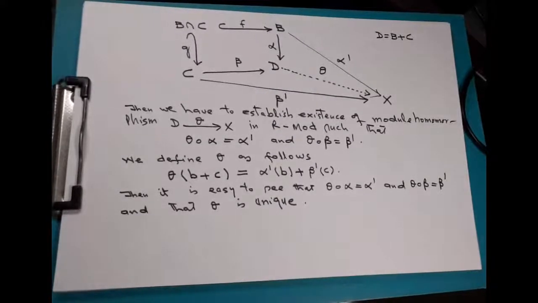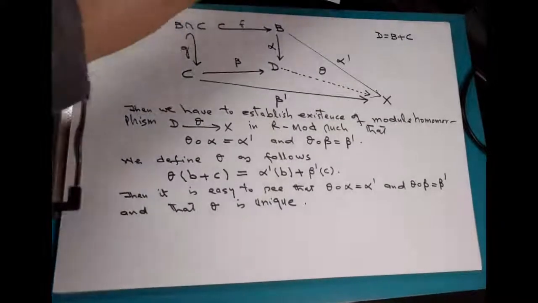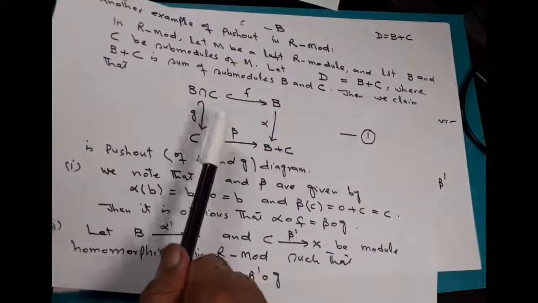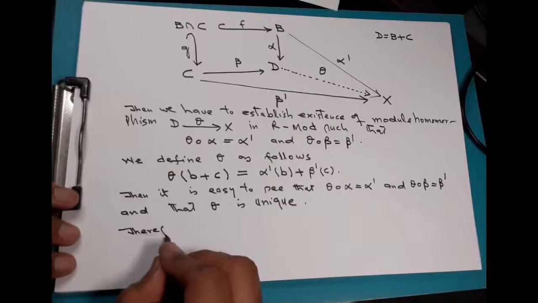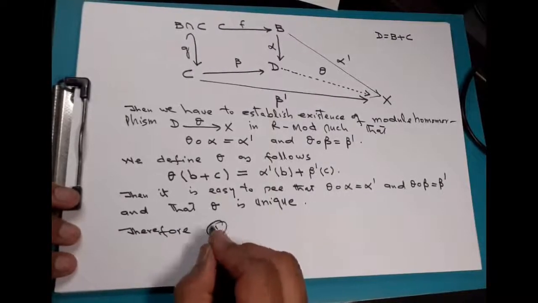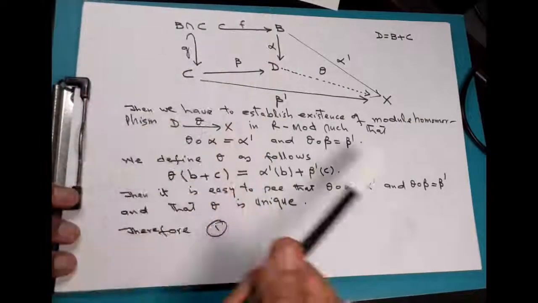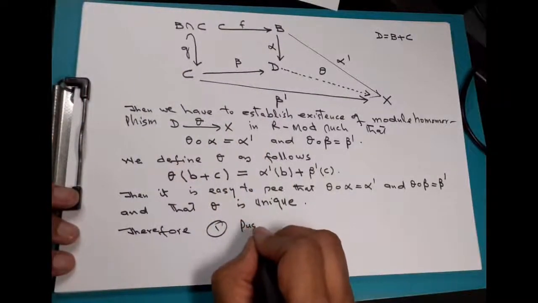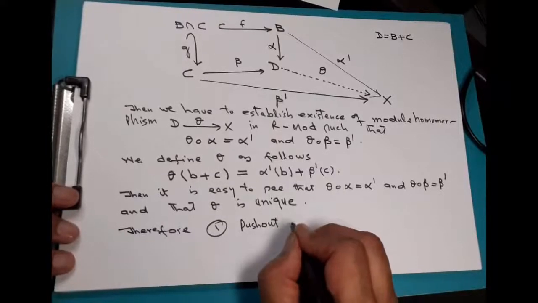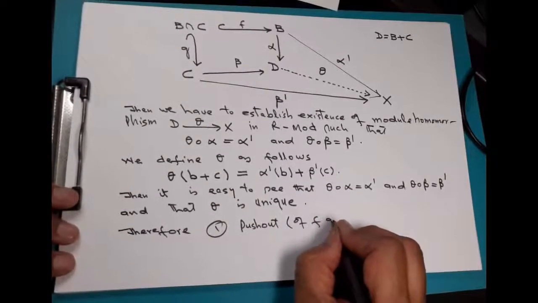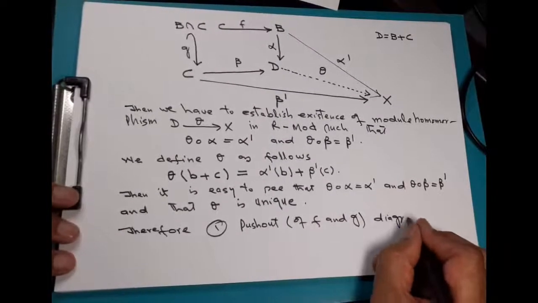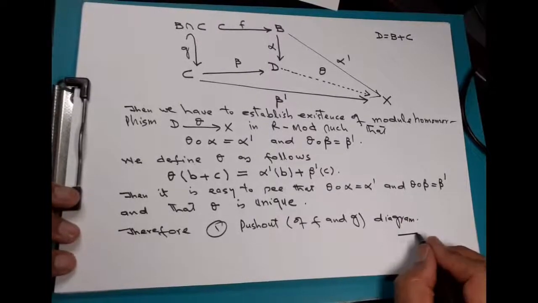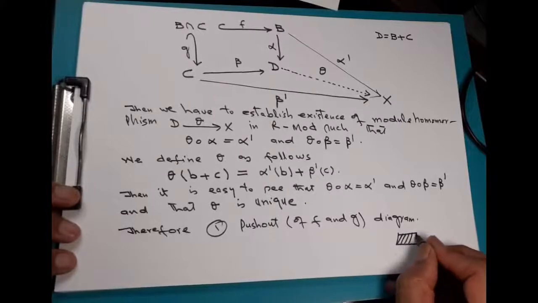So having said that, we have established that this particular diagram is the push out of the F and G diagram. Therefore, this part of the diagram is the push out of the F and G diagram. So this is another example of push out in the category of left R modules.